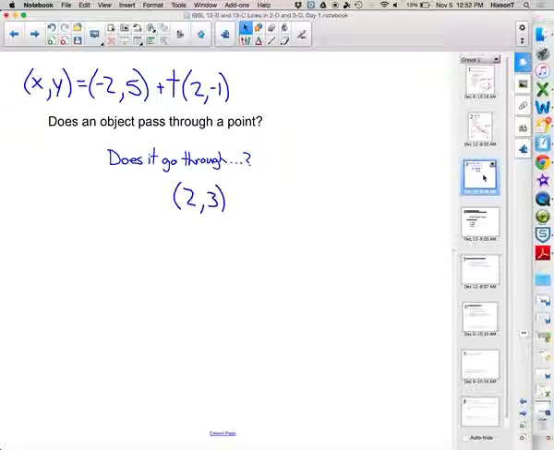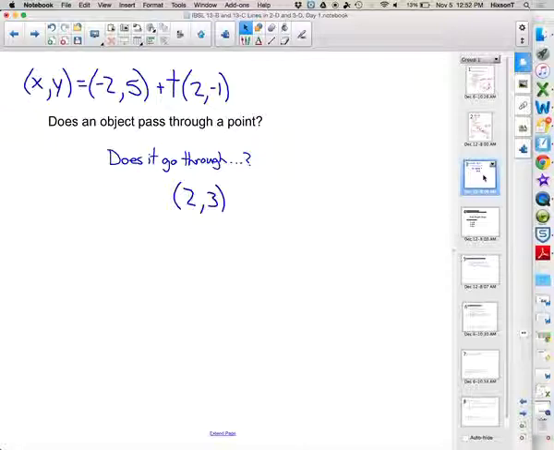Okay. Now, will x equal 2 somewhere? Yes. Okay. Will y equal 3 somewhere? Yes.